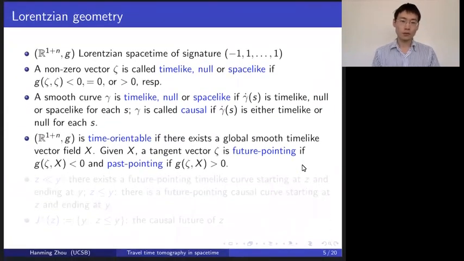Given such a Lorentzian space-time, we say it's time-orientable if we can find some global smooth time-like vector field on it. Such a vector field gives an orientation for this space-time, so that a tangent vector is future pointing if its inner product with this global time-like vector field X is negative, and past pointing if this inner product is positive.